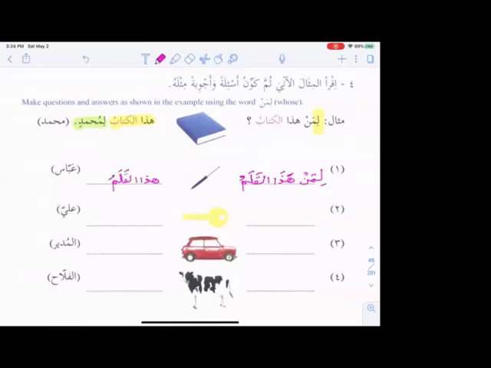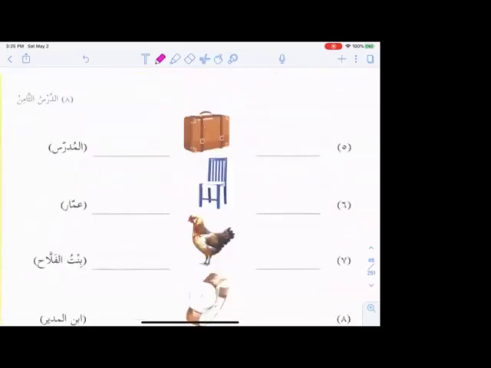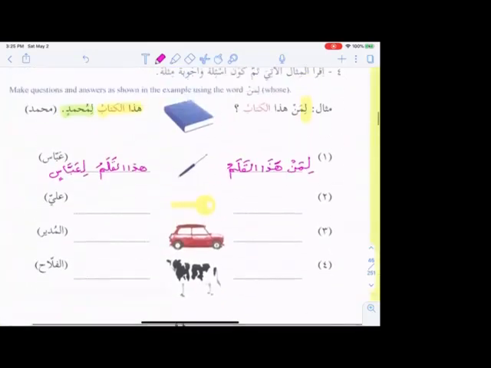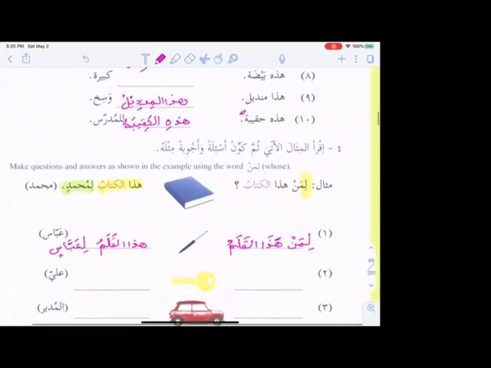What will you say? Li Abbas. Now then I won't write anymore. I'll just say it. Then you do it yourself. And in this new book, there's a key at the end of the section, and that has all the answers for you to check yourself.